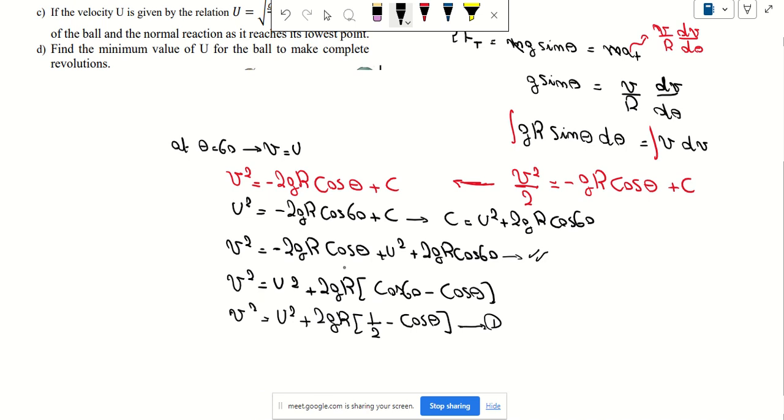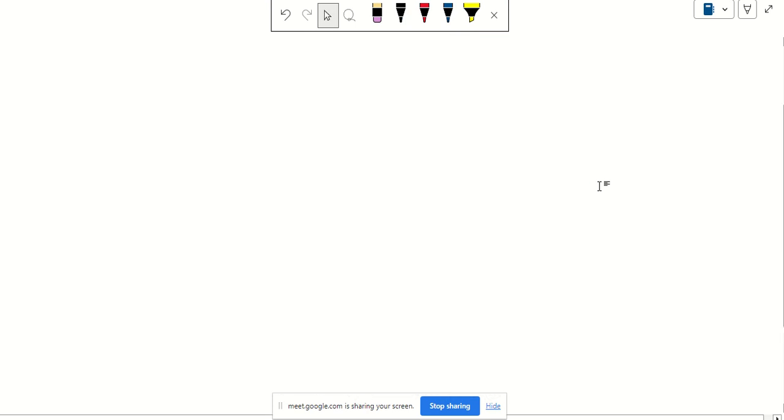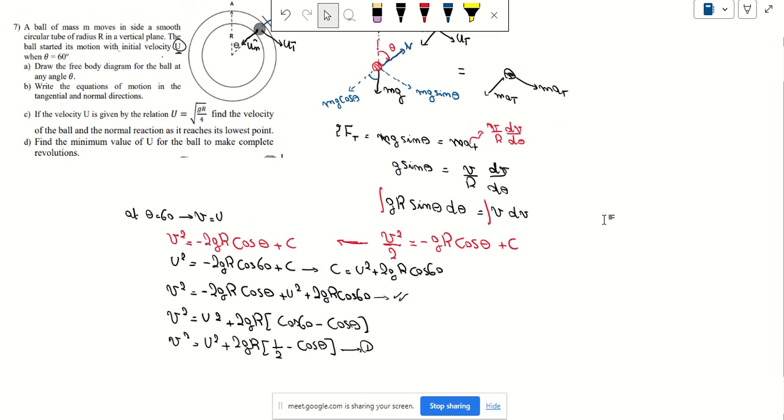Back to the second equation, this one with the first equation. So the second equation is, let's divide it: summation Fn is equal to mg cosine theta minus N is equal to m an.